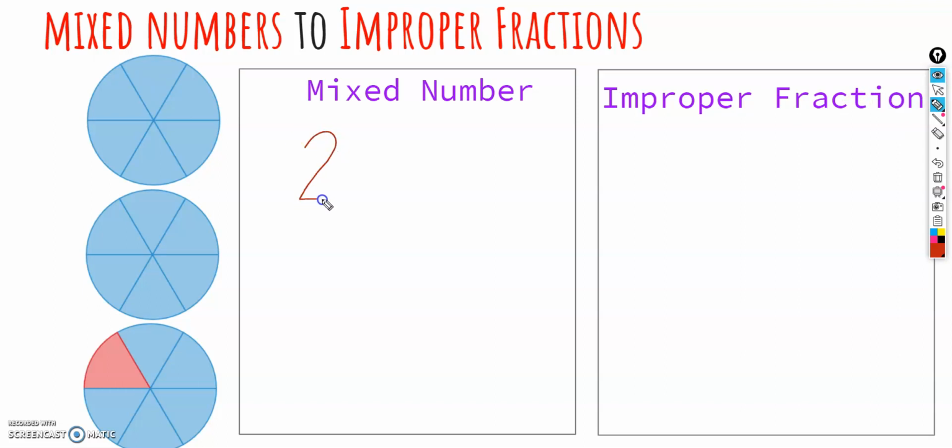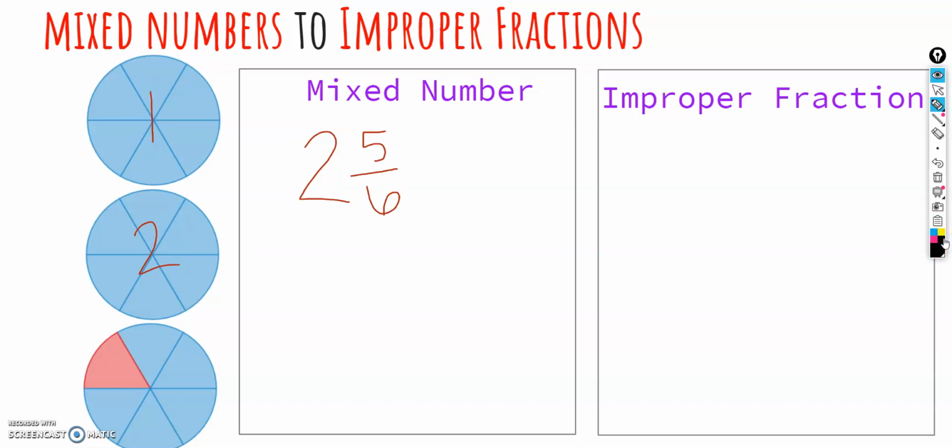We said that there's 2 wholes, and we said there's 5/6. Now, when we had the improper fraction, we said that there were 17 sixths. That's because we have 1, 2 whole groups, and how many's in each group? We have 6 in each group.